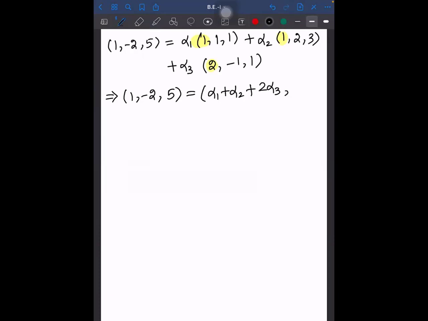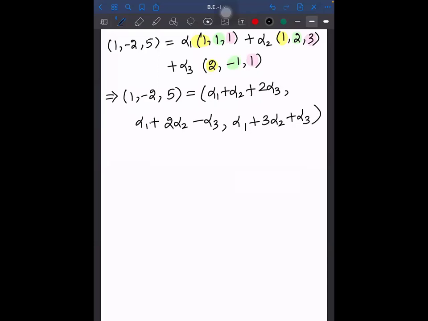And the second component you will get from the second entries, so this will become alpha 1 plus 2 alpha 2 minus alpha 3. And the third component comes from multiplying the scalars with each third entry and adding them together, so we get alpha 1 plus 3 alpha 2 plus alpha 3.